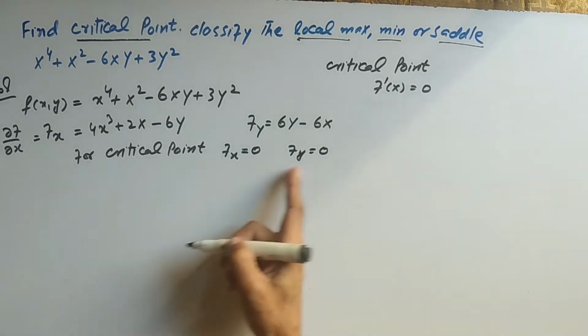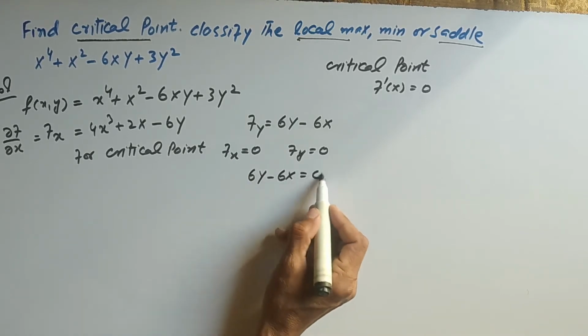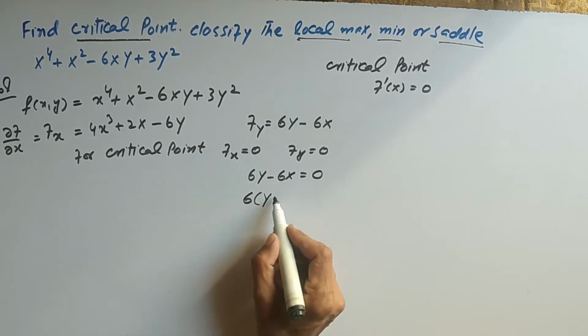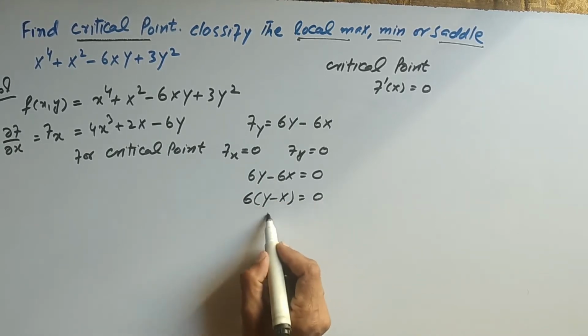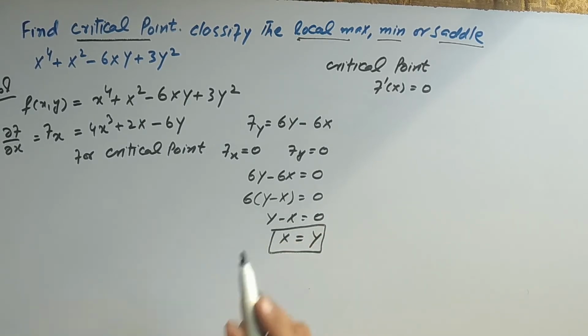So when f_y equals 0, 6y - 6x equals 0, we can say 6 times (y - x) equals 0, so y - x equals 0. So y becomes equal to x.